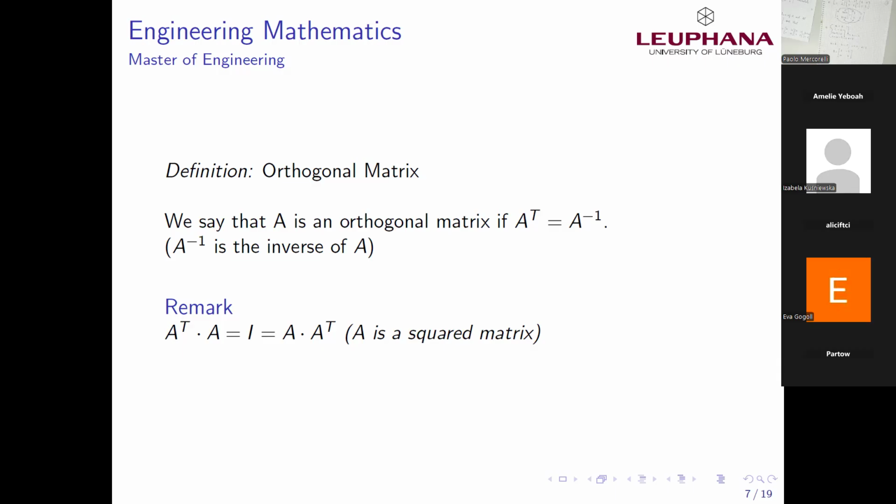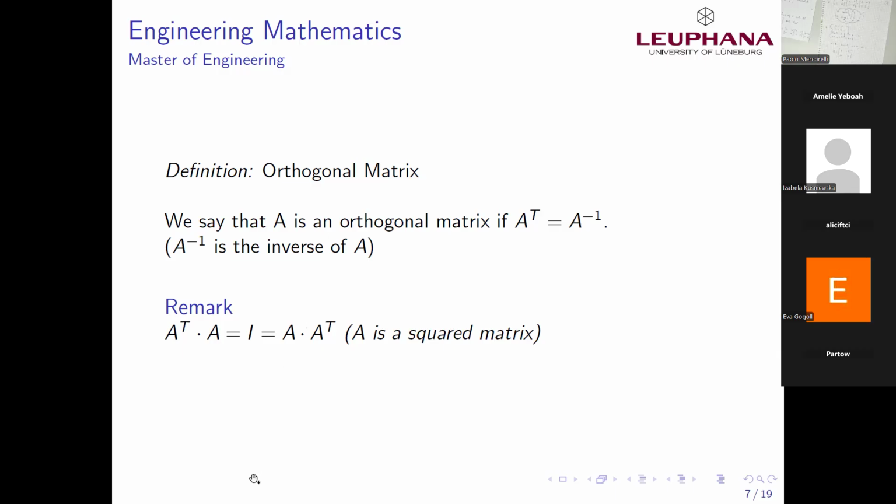The meaning of this, I don't know if we will do in the sense of the dynamical system. I don't know if we are able to do these exercises using differential equations in order to understand a little bit the meaning of this definition.